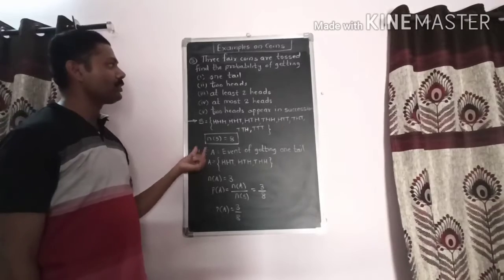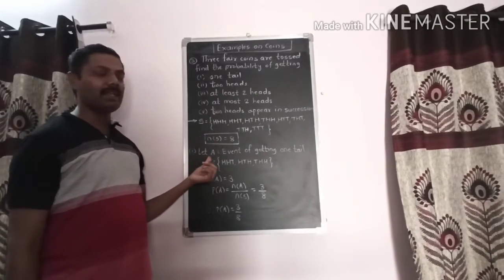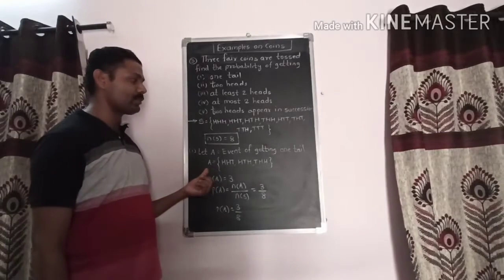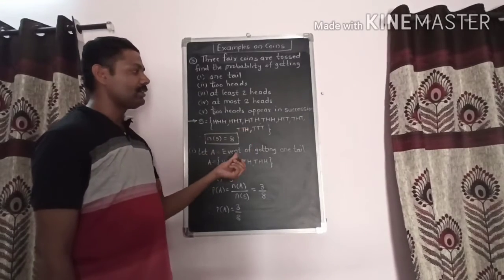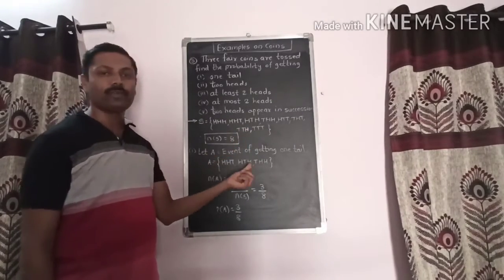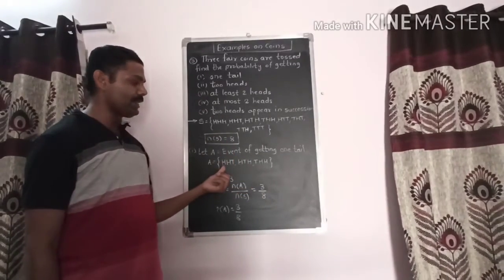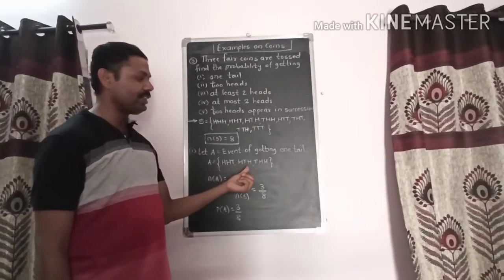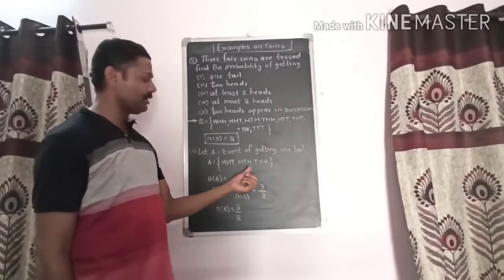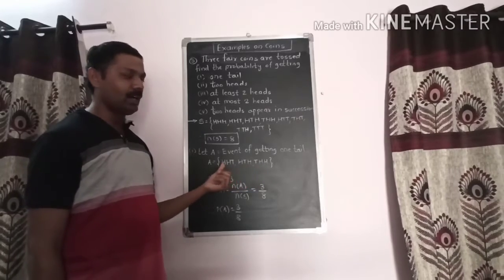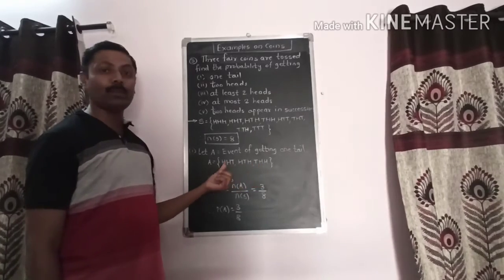Now take the first, one tail. Let A be the event of getting one tail. We have to select the outcomes where only one tail is there. So we have outcomes HHT, HTH and THH. There is only one T present in all the sample points.